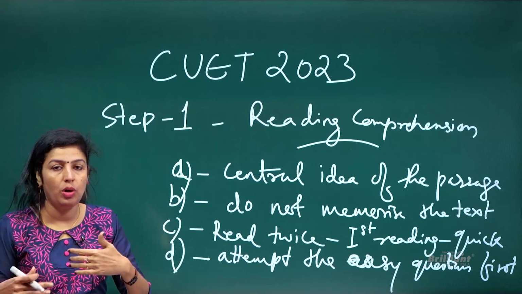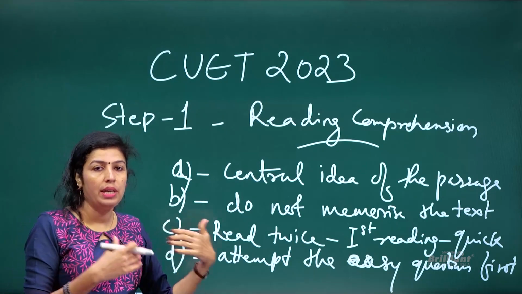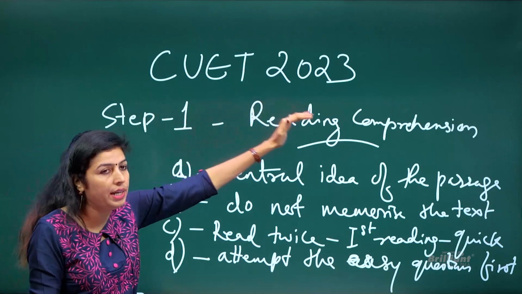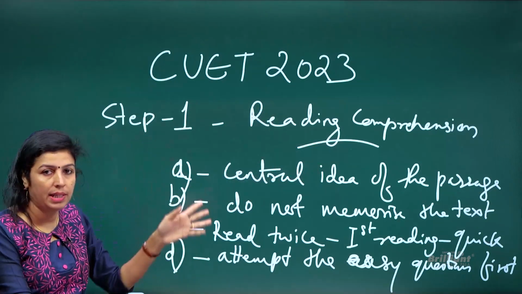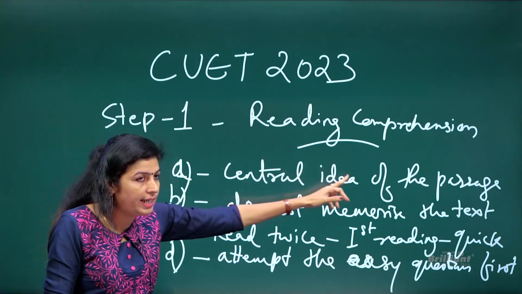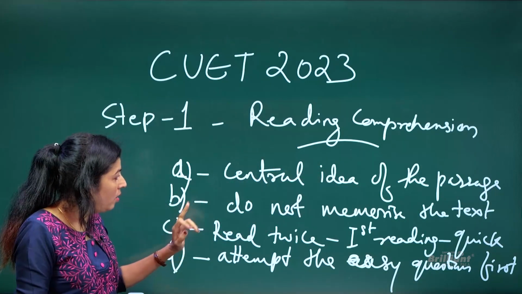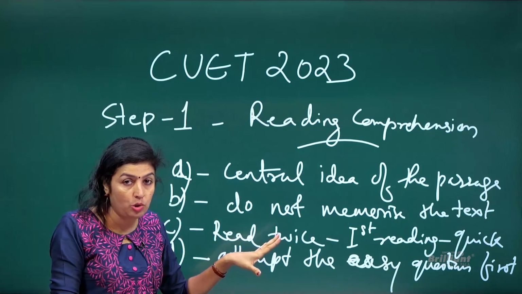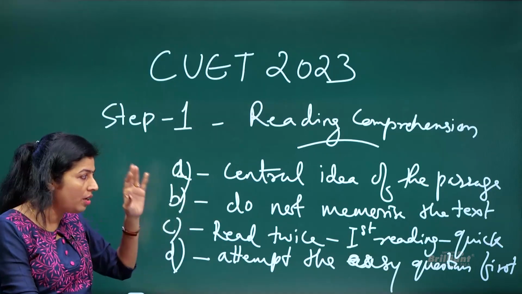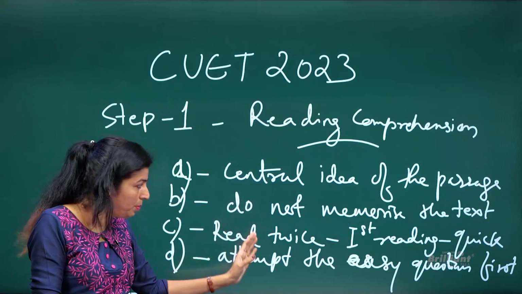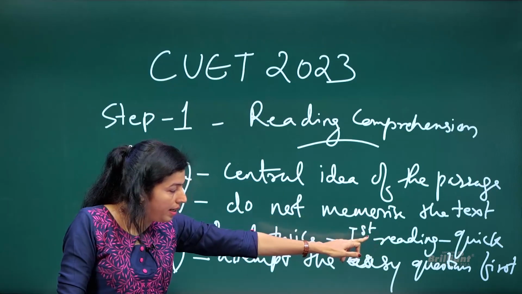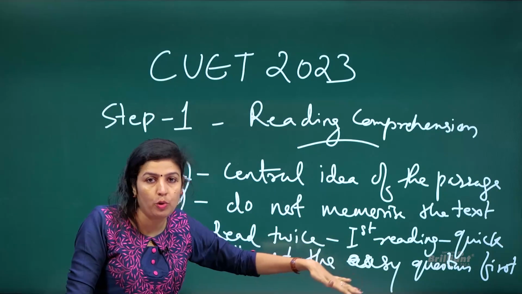I am just giving you a few steps with which your English exam is going to be easier. Step number 1 is all connected with reading comprehension, and whatever be the type of passages that you get, 3 passages will be there. You understand the central idea of the passage first, and then do not memorize anything from the text, since that is more time consuming. Instead, just read it once, and that should be quick reading. After that, try to solve a few questions.